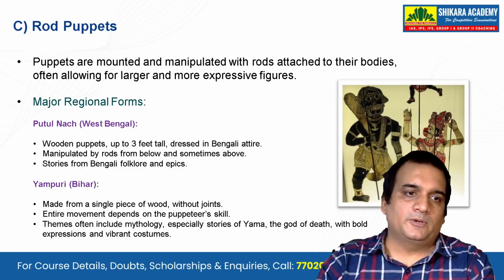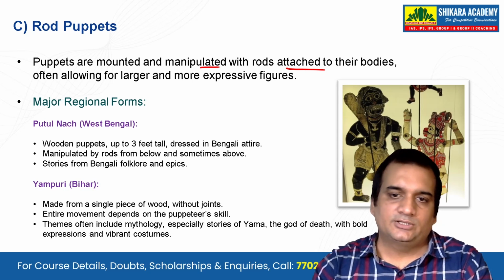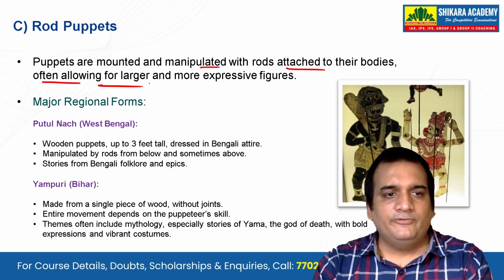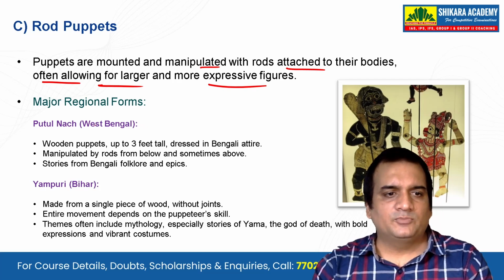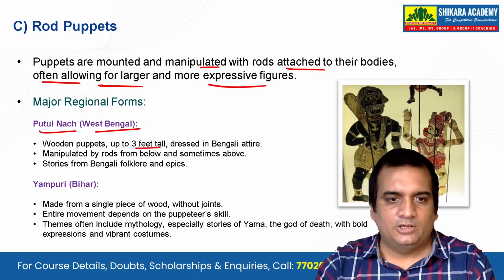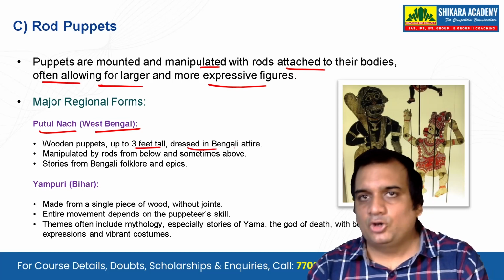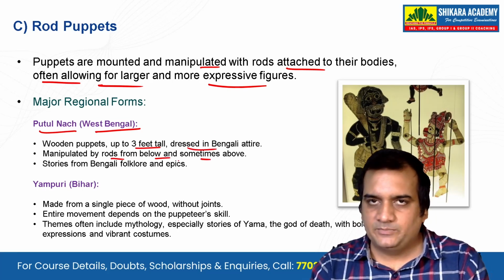Let's see the rod puppets. Puppets are mounted and manipulated with rods attached to their bodies, as you can see here in the pic, often allowing for larger and more expressive figures. Major regional forms, if you see, Putul Nach in West Bengal, wooden puppets up to 3 feet tall, dressed in Bengali attire, mostly manipulated by rods from below and sometimes above.